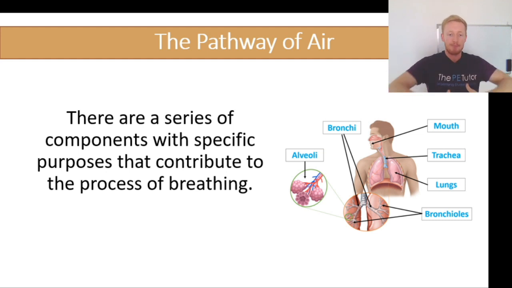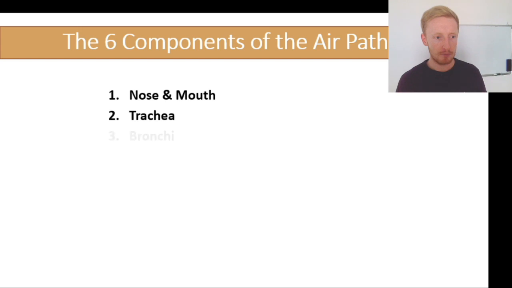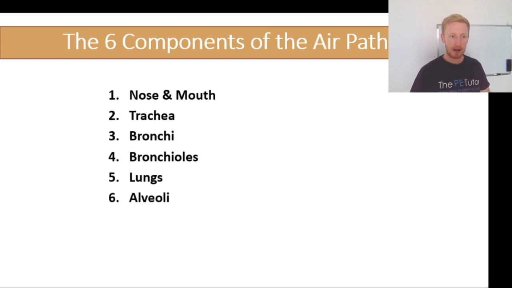We've then got what delivers air into the lungs, our bronchi. And then once air has gone through our bronchi into our lungs, we've got alveoli, these tiny air sacs, these bubbles, which actually accept that air. So nose and mouth, and if you are going to write things down, these are the 6 you need.